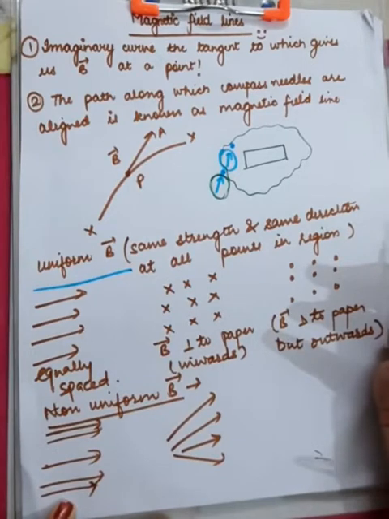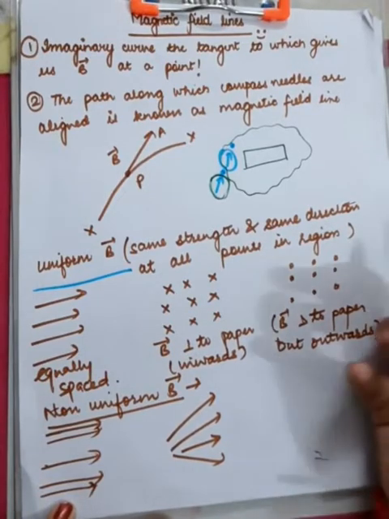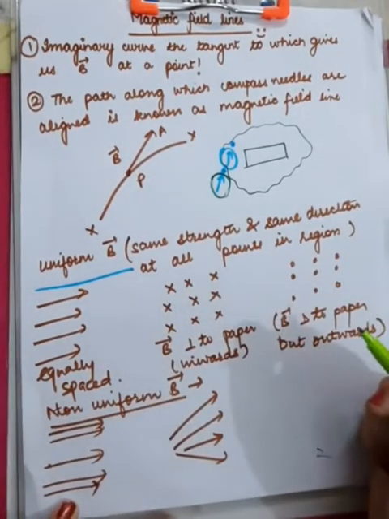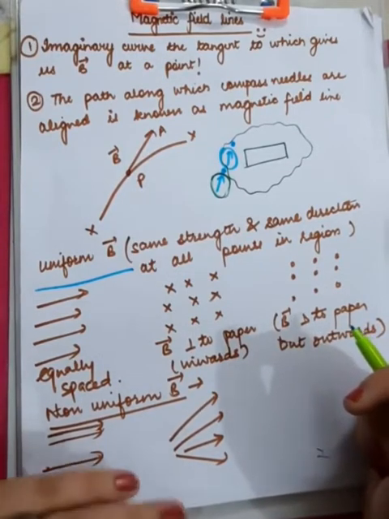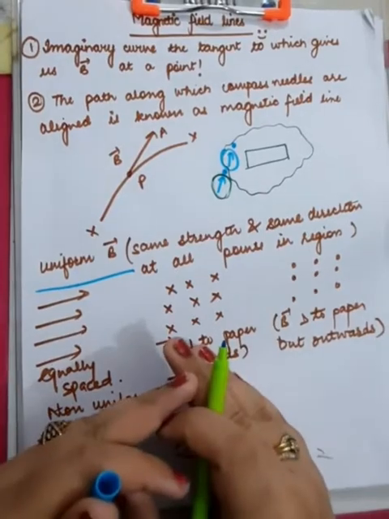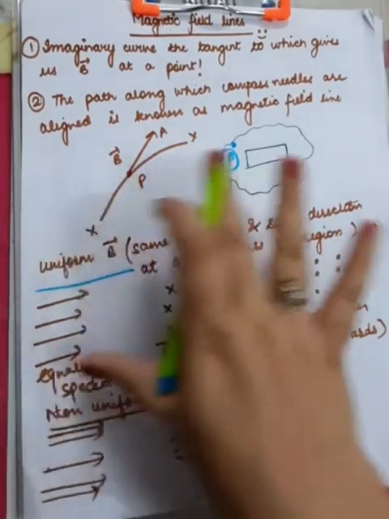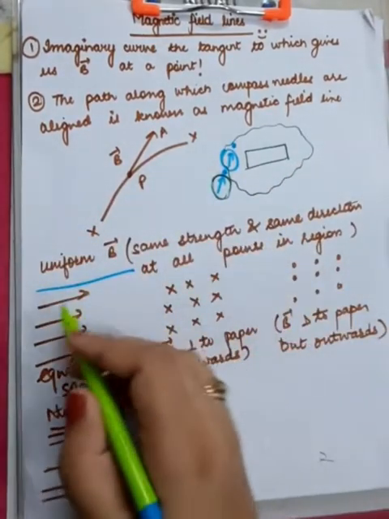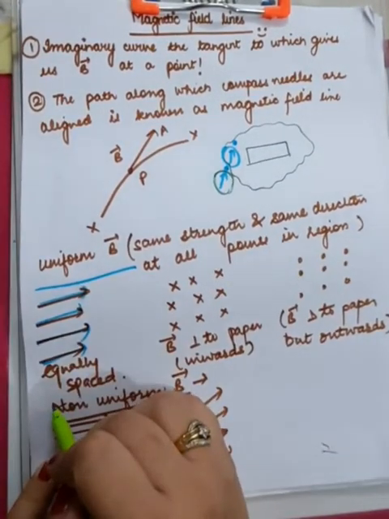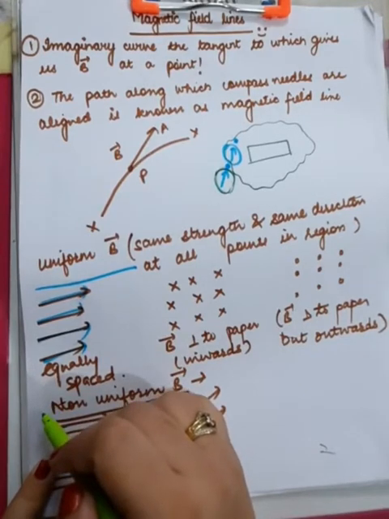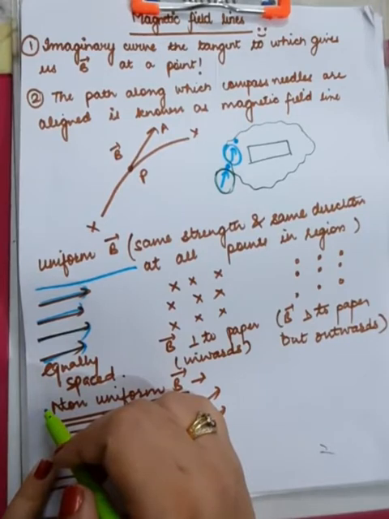I repeat, a uniform magnetic field is something which has the same strength and the same direction everywhere at all the points in a region. If you want to represent a uniform magnetic field lying in the plane of paper, then you have to draw equally spaced lines. Those equally spaced lines will represent the uniform magnetic field.